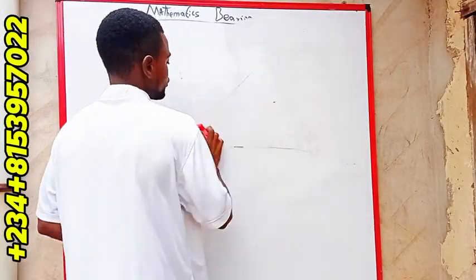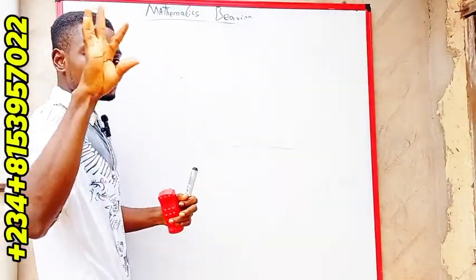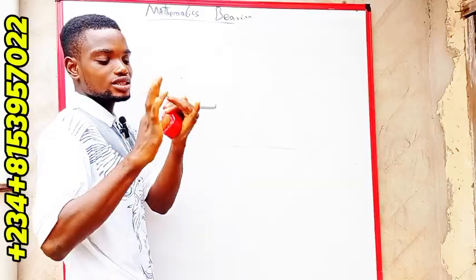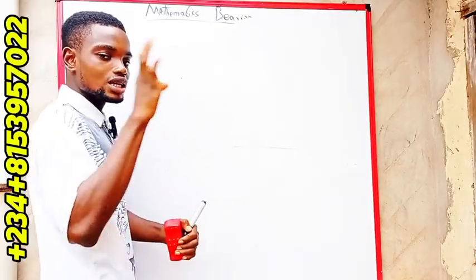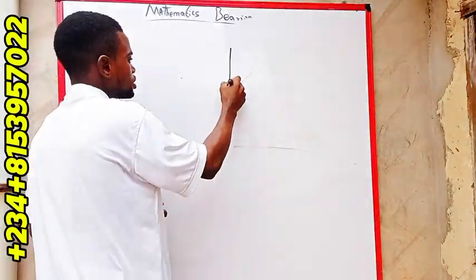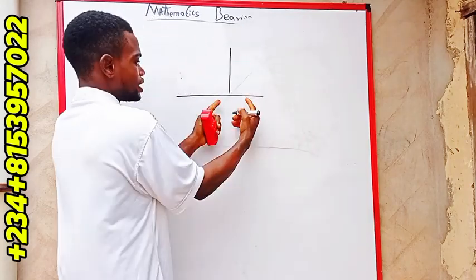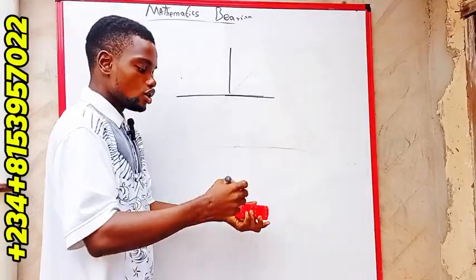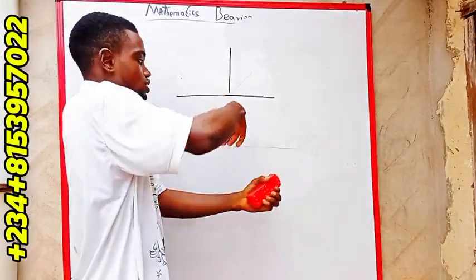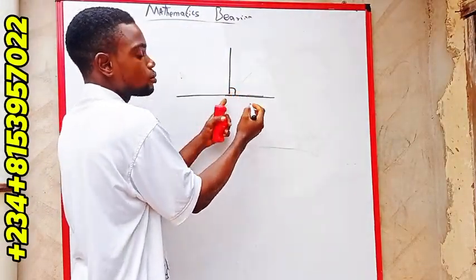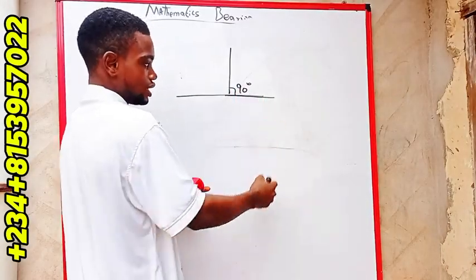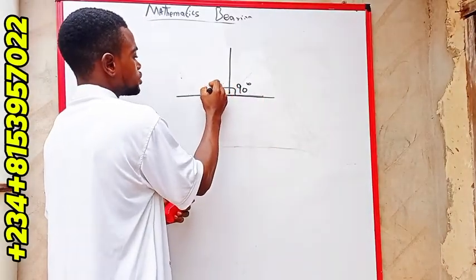Now, having known this, I'm going to tell you 6 things in this video. This is the first one, definition, and the second one. This line and this line are perpendicular. Something straight, another one falls straight to it, forming perpendicular, and here it forms an angle of 90 degrees. Here is also an angle of 90 degrees.